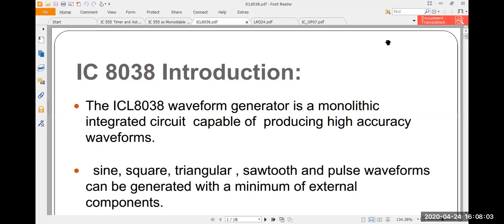Now we'll learn one more IC, which is IC 8038. You can see it on the screen that it is a waveform generator. So you have already learned about how to generate square wave as well as triangular wave.